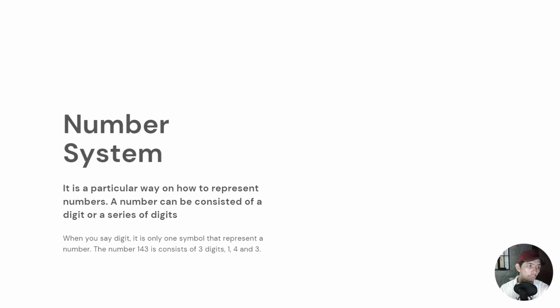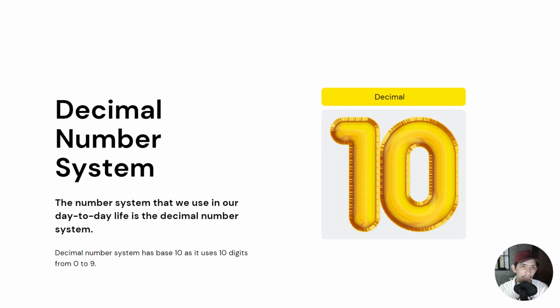So, meron tayong mga different number systems na ginagamit. The most common one na ginagamit natin sa daily basis is yung tinatawag natin na decimal number system. Decimal number system has a base of 10. Bakit siya naging 10? It is composed of 0 to 9. So, kapag binilang natin yon, 0, 1, 2, 3, 4, 5, 6, 7, 8, 9, that means 10 digits.